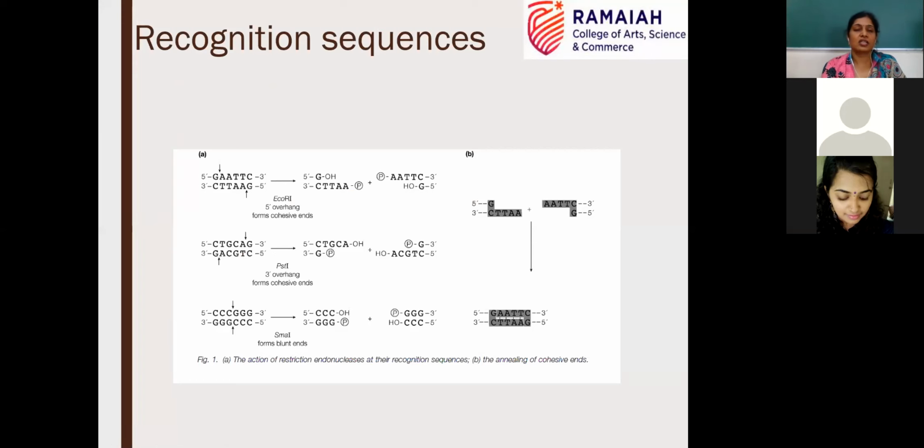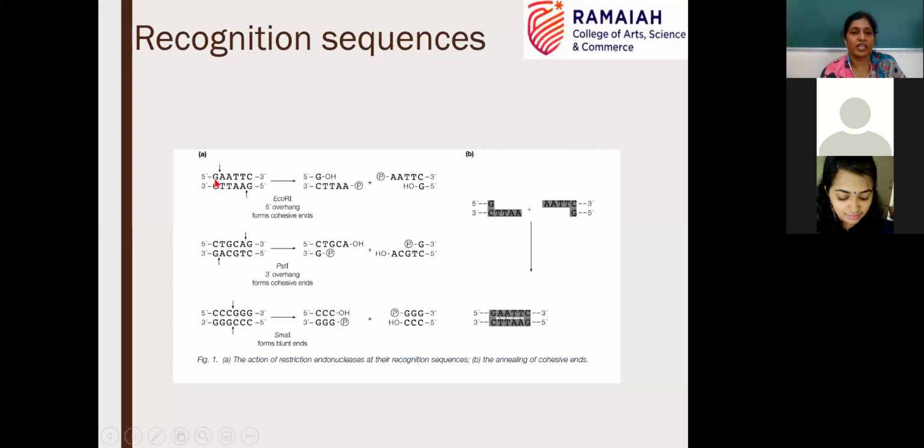The length of these recognition sequences could be from 4 to 8 base pairs, and they are palindromic in nature. Palindromic in the sense that if you read the sequence in the 5' to 3' direction in both strands, it reads the same.